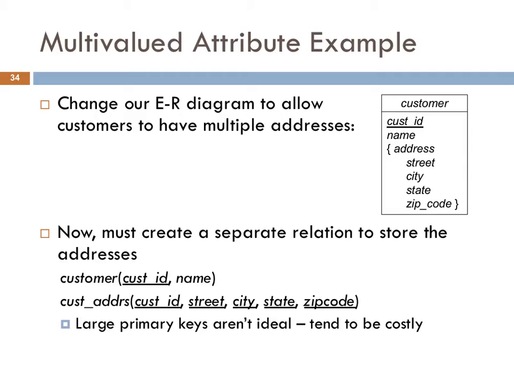So we have customer ID in there as well. And then everything becomes part of the key. The reason everything is part of the key is because the multi-valued attribute is a set of values. It's not a multi-set of values. If it was a multi-set, it'd be harder to reason about.